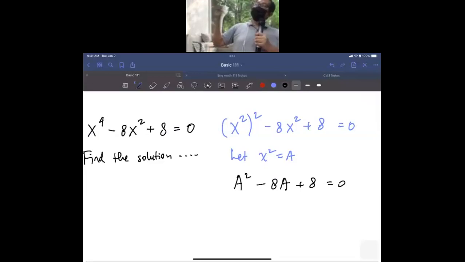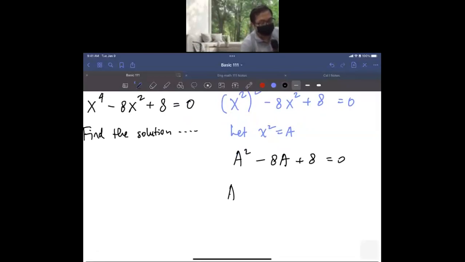Can we factor? I don't think we can factor because 8, 2, 4. So at least we need to have a 6 in the middle, or a 1, 8, maybe 7. But it's negative 8. So let's maybe take the perfect square or go directly to the quadratic formula.